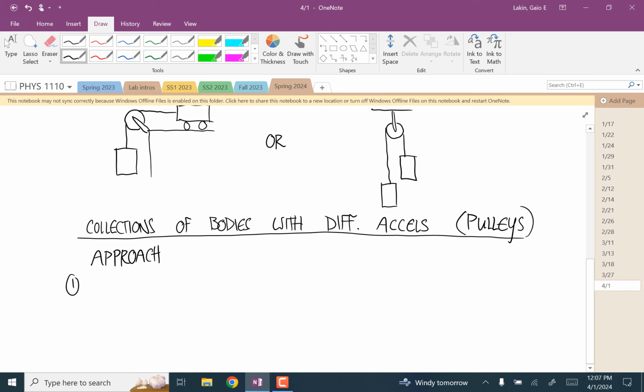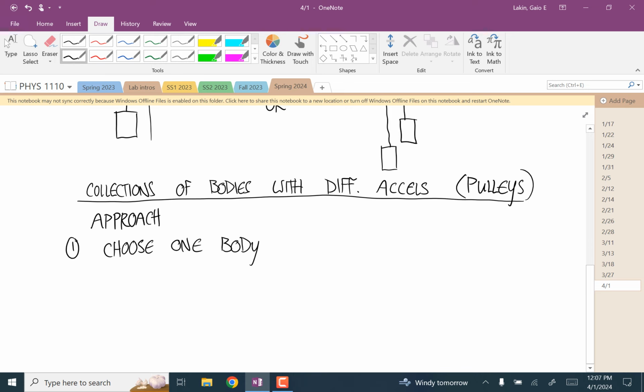So first, choose one of the bodies, and draw a free body diagram and go through Newton's second law with the acceleration vector using the variable a.